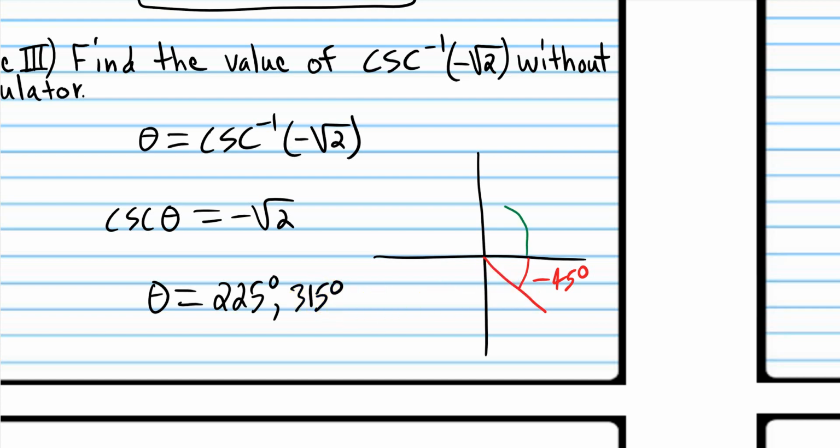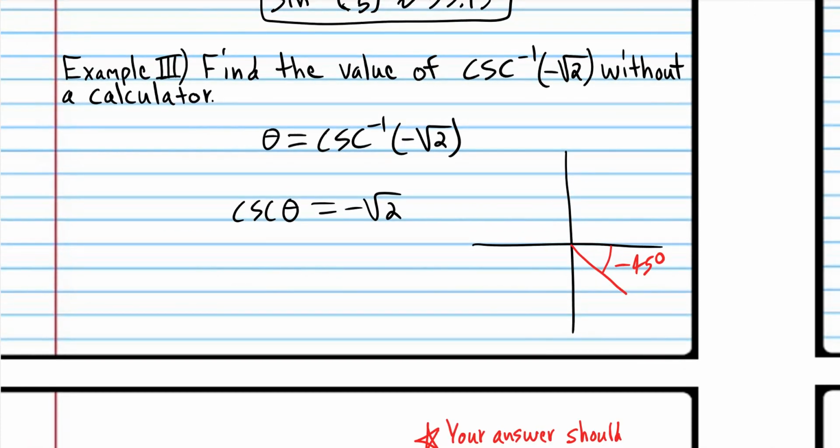If you start rotating counterclockwise, you get to the same terminal side, but negative 45 is the angle measure that we're looking for. So theta is equal to negative 45 degrees, and therefore we can write our final answer.